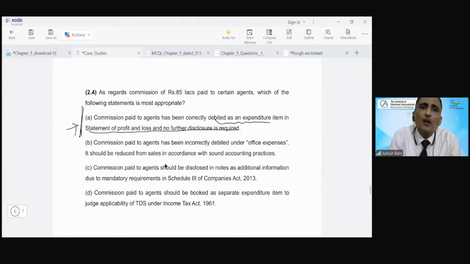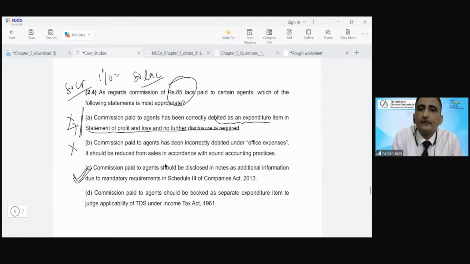The revenue from operations in this case is 80 crore. 1% comes to 80 lakhs. Commission paid is 85 lakh. So it has to be disclosed separately. All other options are wrong.